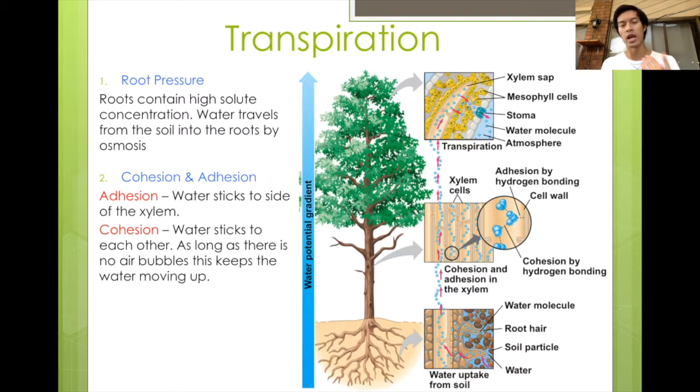And so as long as there are no air bubbles in your xylem vessels, the water will keep moving up. It has this kind of pressure that draws the water up and pushes it upwards. And because the water is sticking to itself, it draws the water up continually. Now, because of this adhesion-cohesion process, the diameter of the xylem vessels cannot be too wide, because if it's too wide, the physical forces that drive it fall apart.